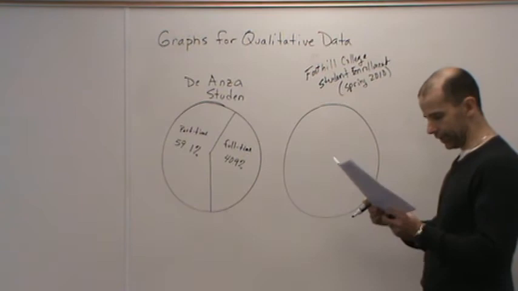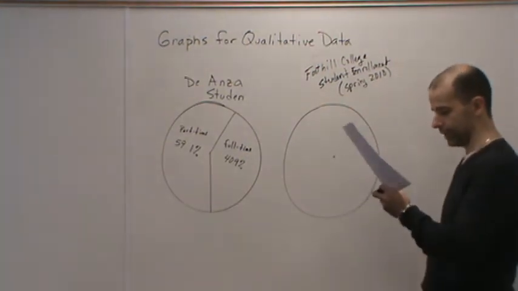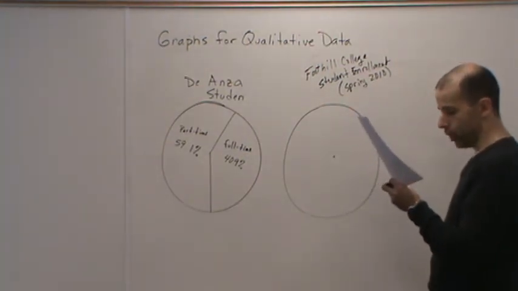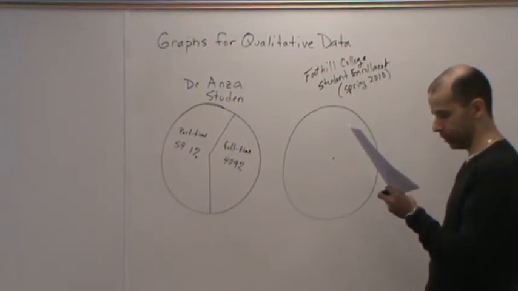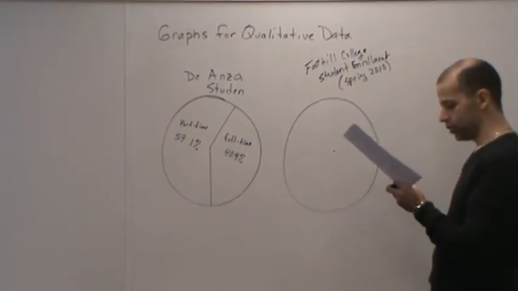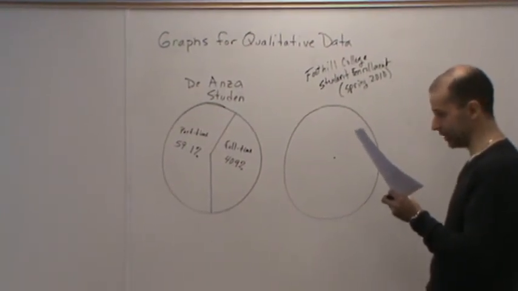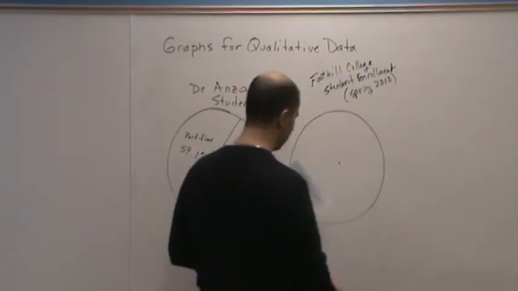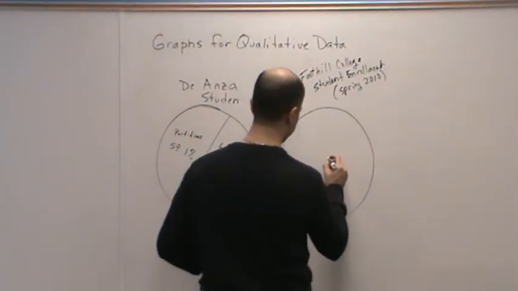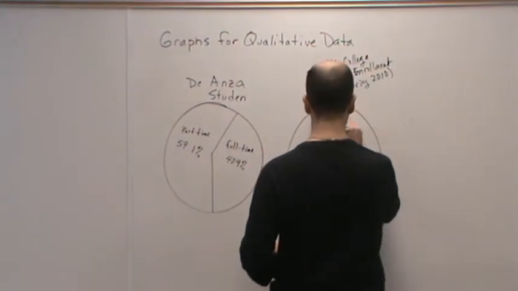And so now if I look at the relative frequency, it says 28.6 and 71.4. Okay, so approximately 28.6% and 71.4.